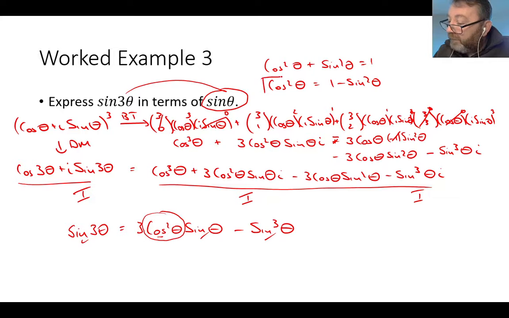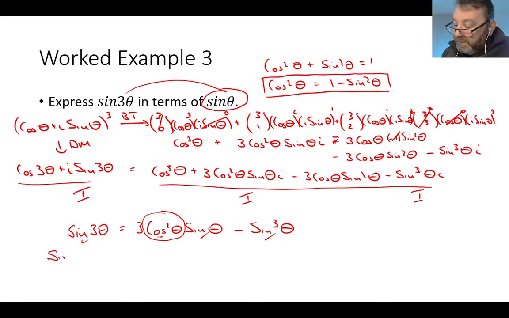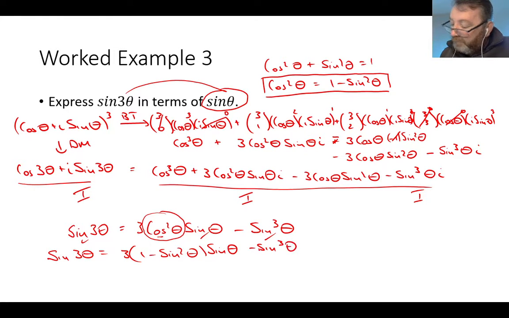Now I need that rejigged identity in order to turn my cos squared theta into 1 minus sine squared theta. So let's do that. Sine 3 theta equals 3 times (1 minus sine squared theta) times sine theta minus the sine cubed of theta. Okay, do a bit of tidy up.